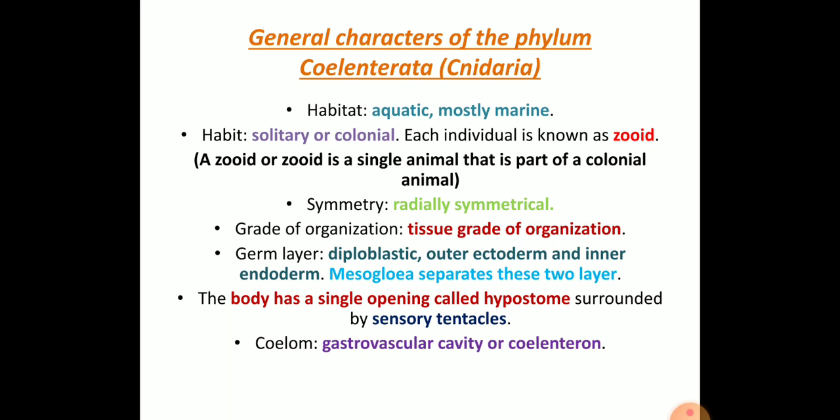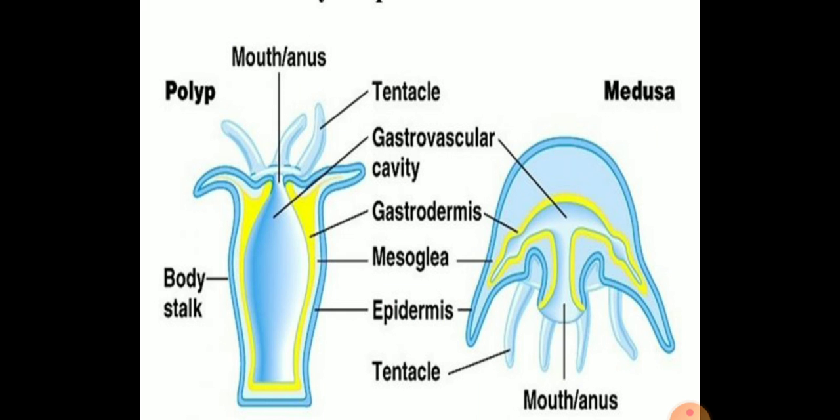The coelom is the gastrovascular cavity, also called the coelenteron. Here you see two different types, polyp and medusa. In the next class we will study how these are two different forms of polymorphism, the polyp form and the medusa form.